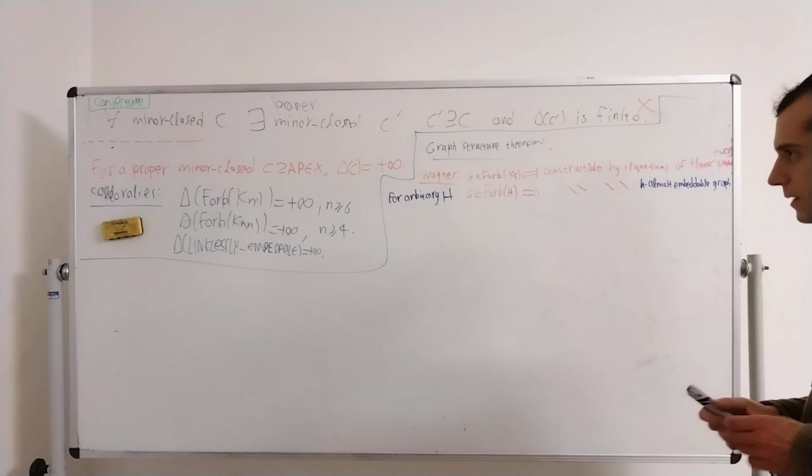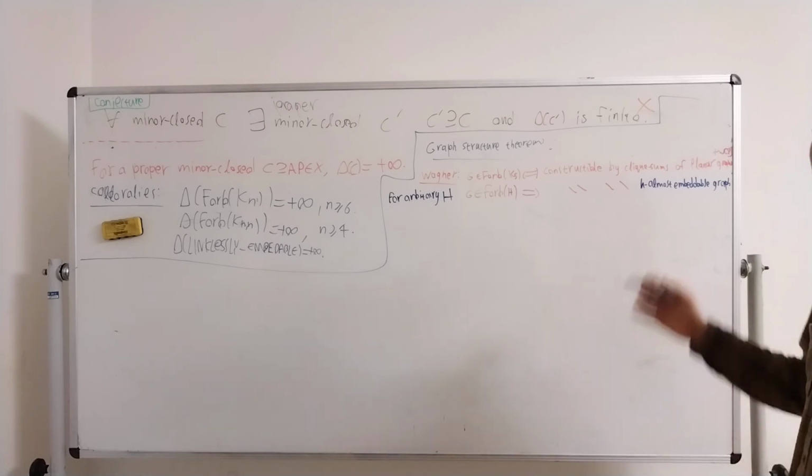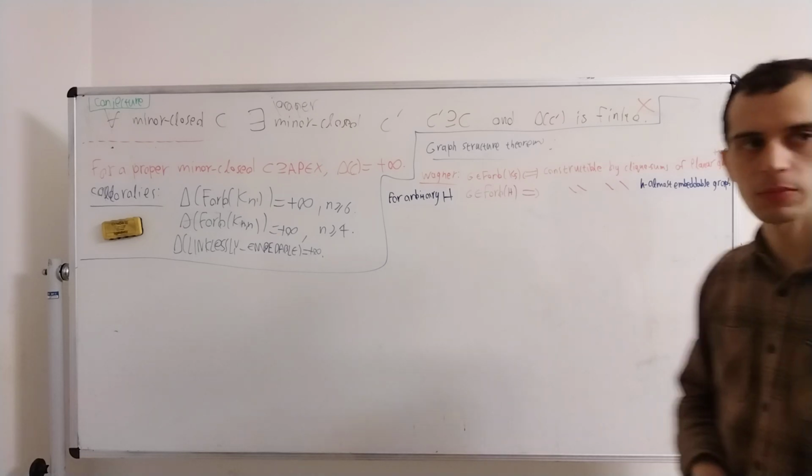We only have the one side, and we don't really have a good structure for arbitrary H. Right? And those are some class of graphs that I might get into if I have enough time.